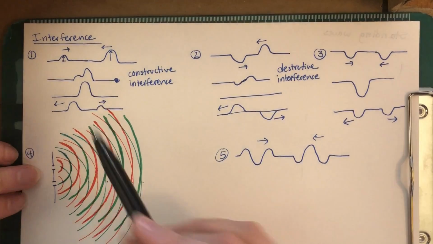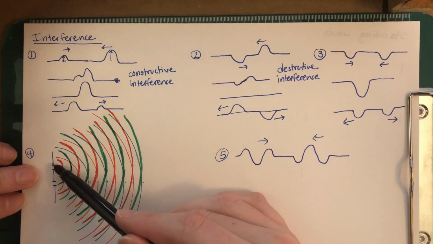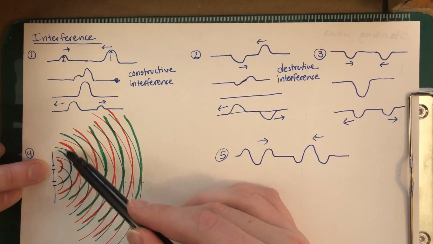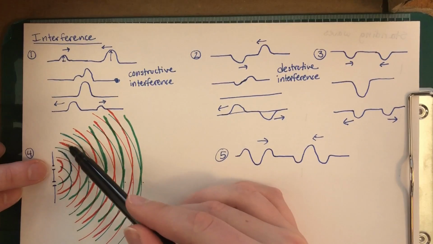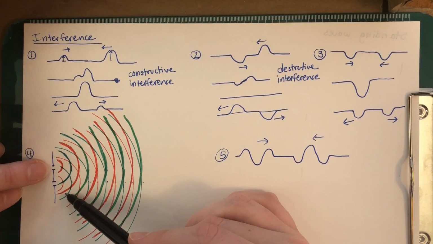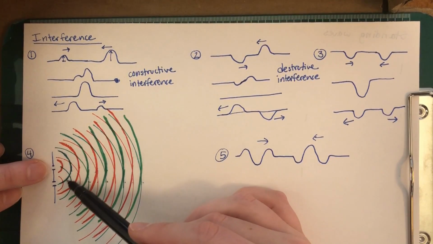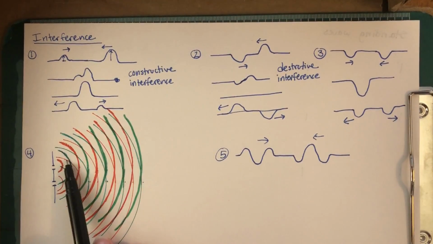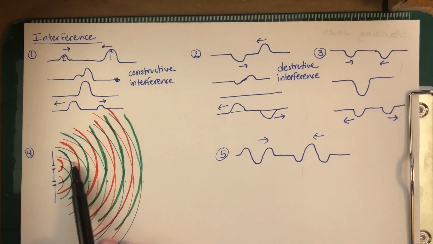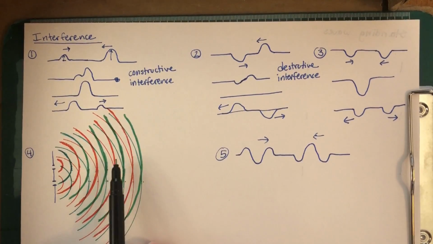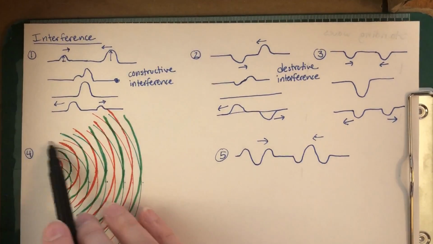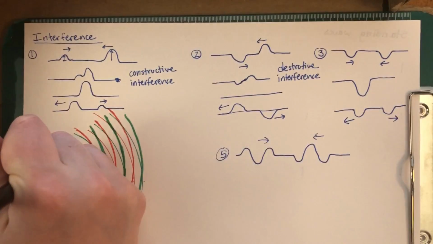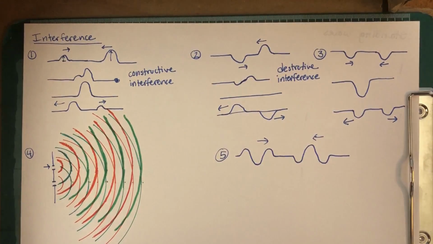These thicker lines are representing the ripples coming from this source. The red represents a trough, and the green represents a peak. So it's moving down, up, down, up, down, up, down, up. So this is this wave spreading out in ripples from this location.